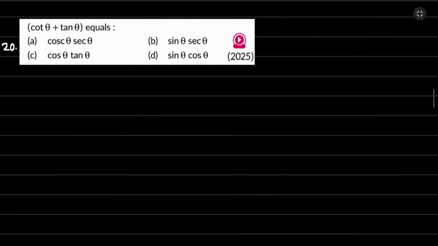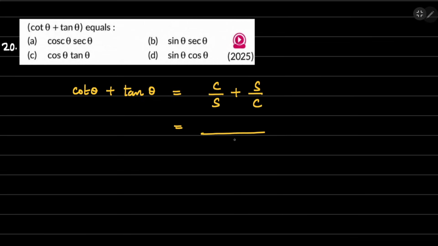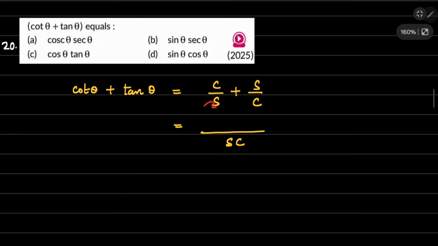Cot theta plus tan theta is equal to. Whenever you are asked like this, convert everything into sine and cos. So cot is nothing but cos by sine, plus tan is sine by cos. Take the LCM, sine into cos. So sine into what will give you sine into cos?